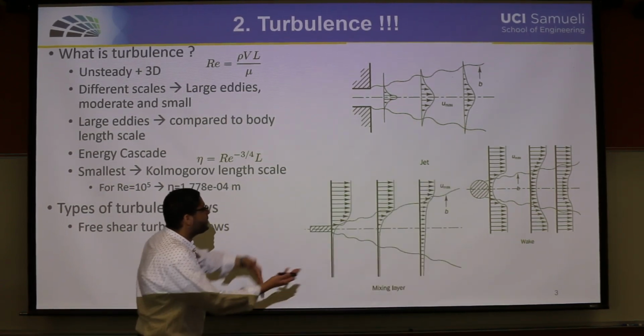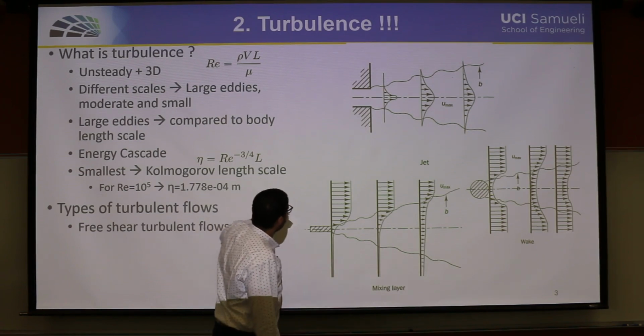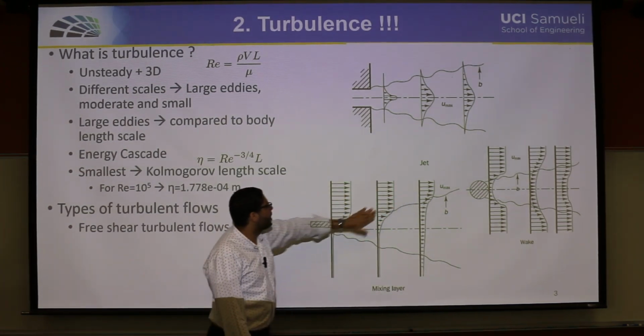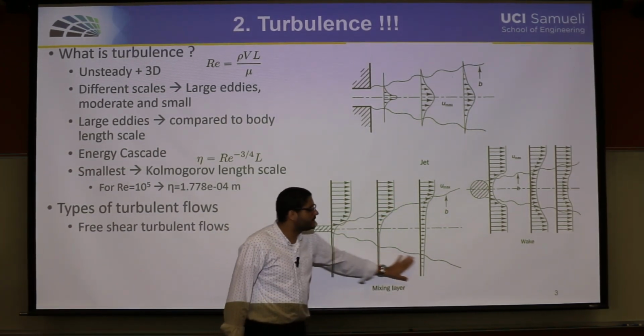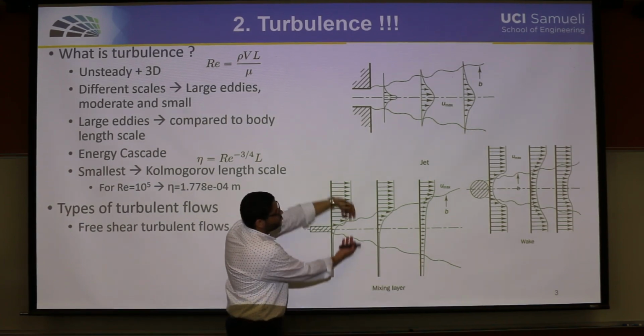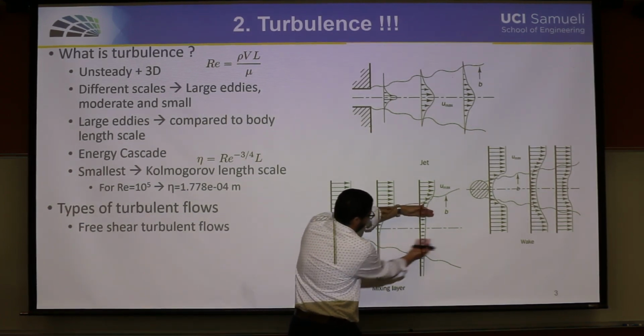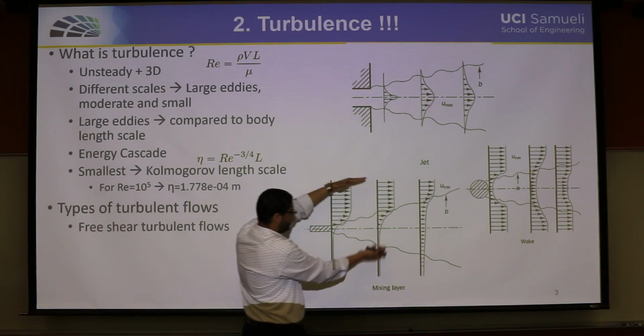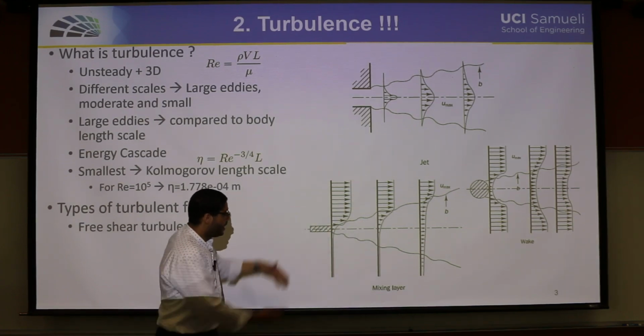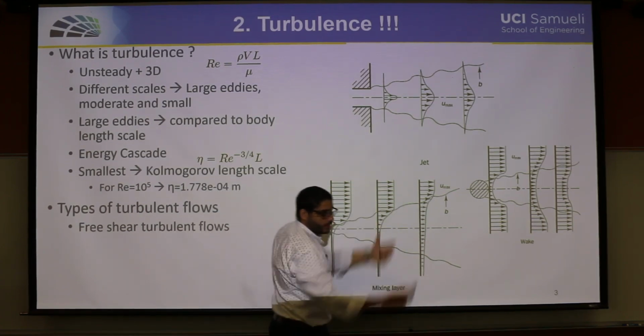You could have a mixing layer where you have a velocity U infinity on one side and stagnant flow on the other, and when these two fluid layers come in contact with each other, they start to develop turbulent scales.